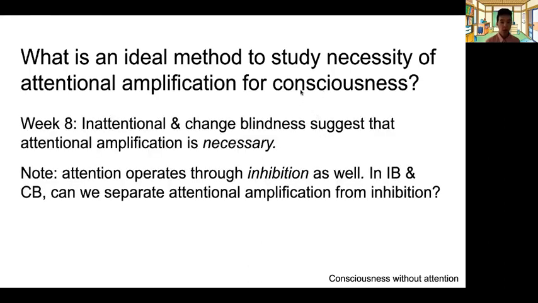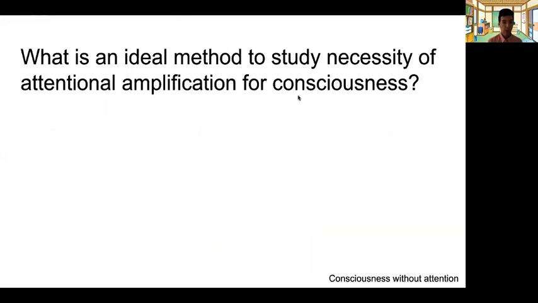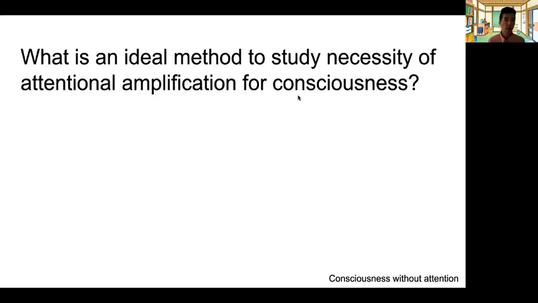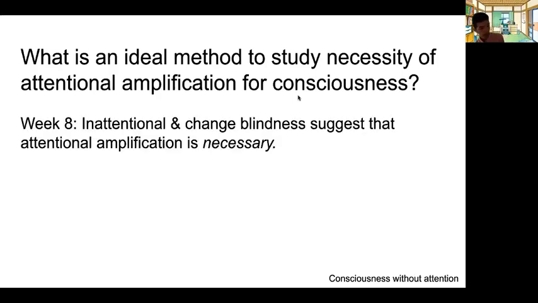So in week 8, I overviewed a couple of methodologies, including inattentional blindness and change blindness, as well as attentional blink. These experiments tend to be interpreted as showing a necessity of attention.